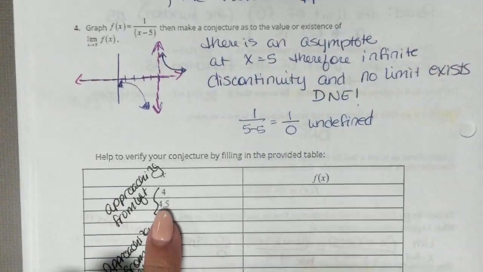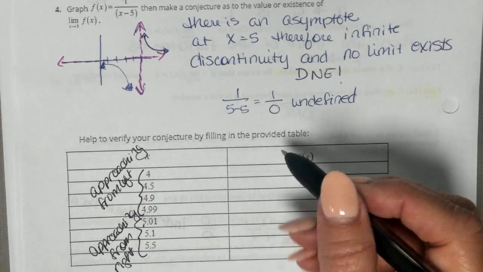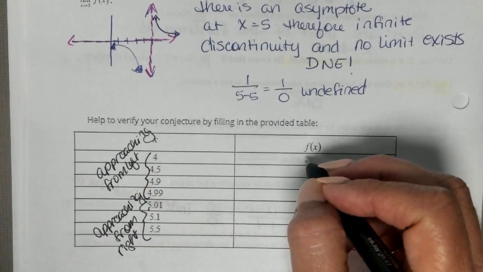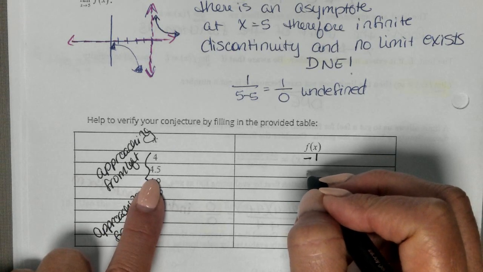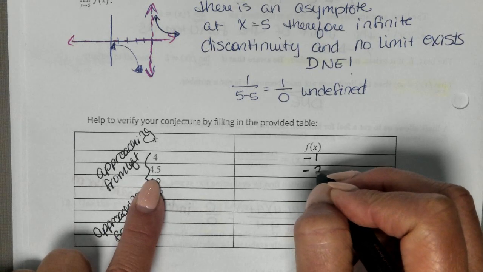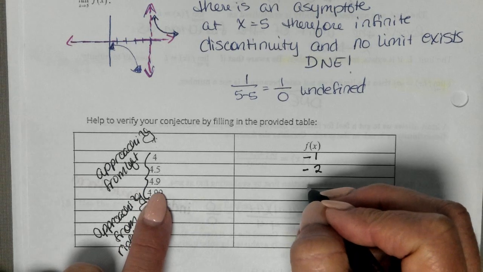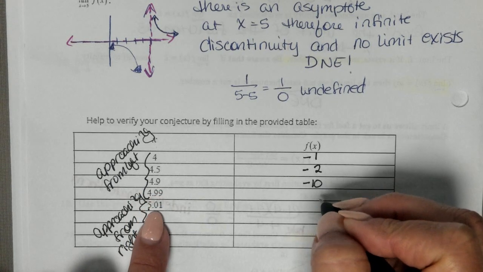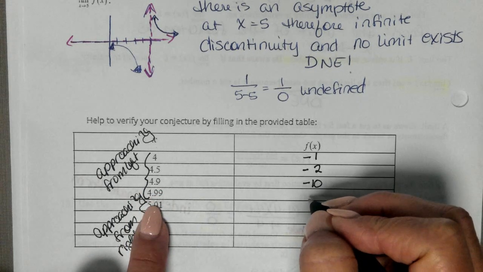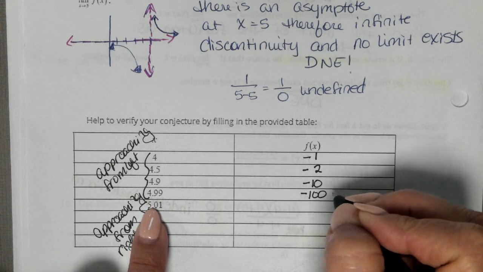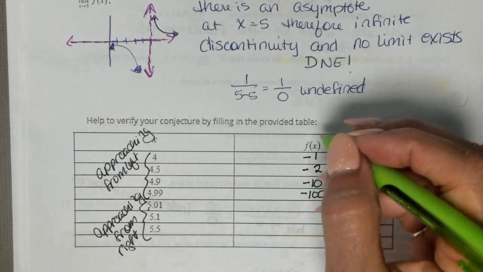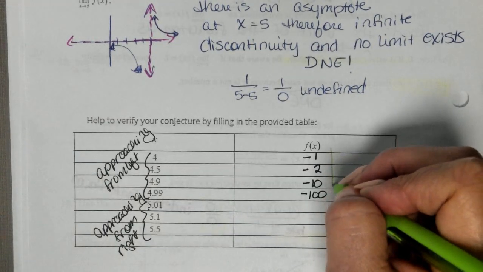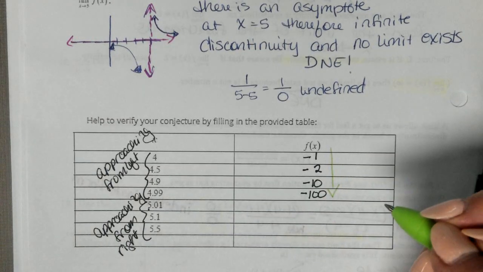And when you plug these numbers back into the function rule, your result is a negative 1. We plug in negative 4.5, we're getting bigger. Negative 2. Negative 10. 4.99, we get a negative 100. So I want you to notice that we are getting smaller and smaller right here.